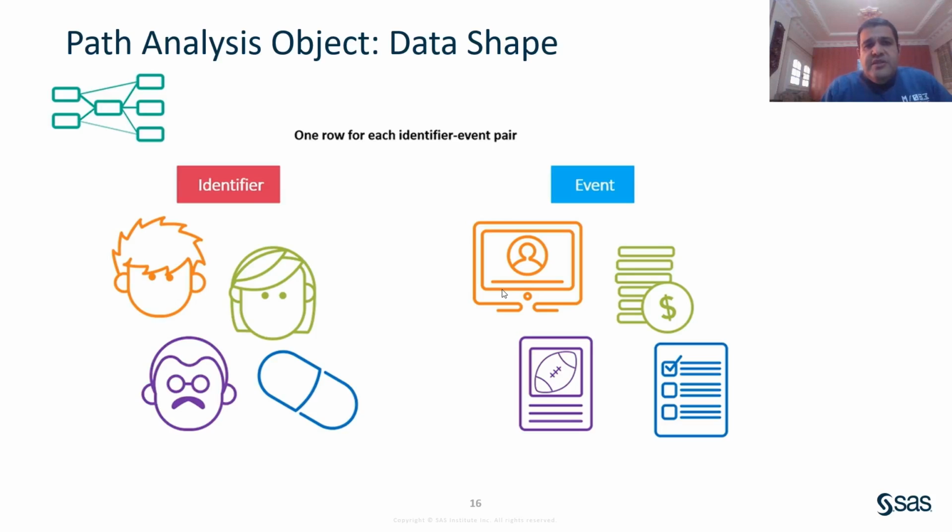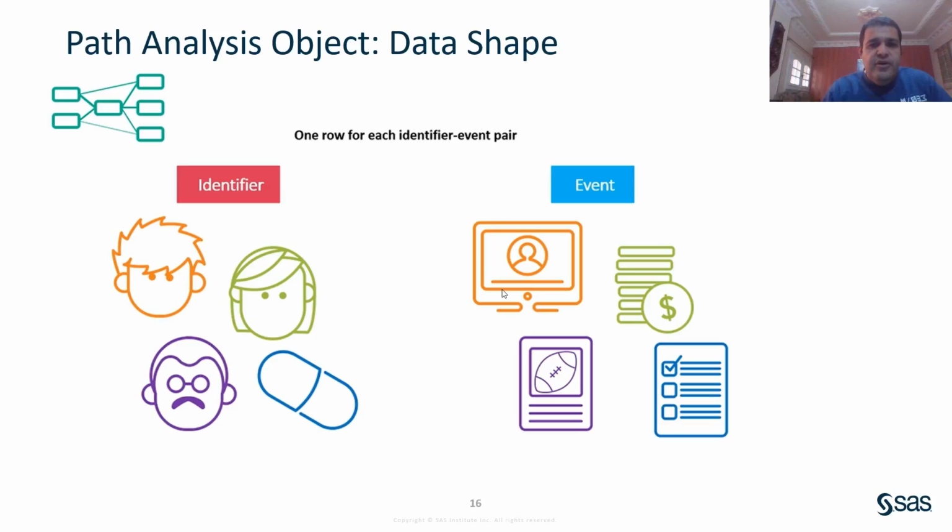One of the important things for a path analysis object is to see the data shape, or the data structure, of the table that constitutes the path analysis object. The data source must have one row for each identifier-event pair. The identifier is a value that uniquely labels the person or object that we would like to analyze.